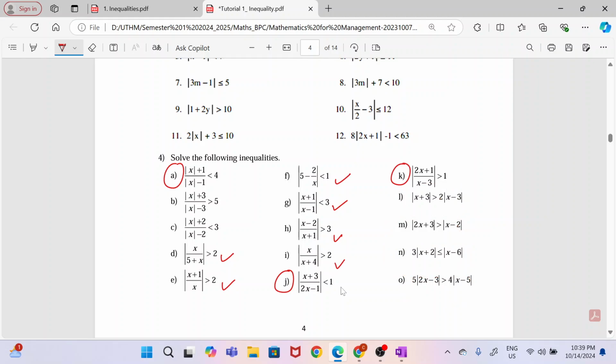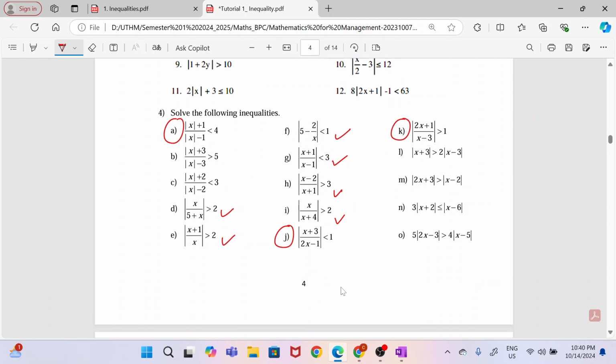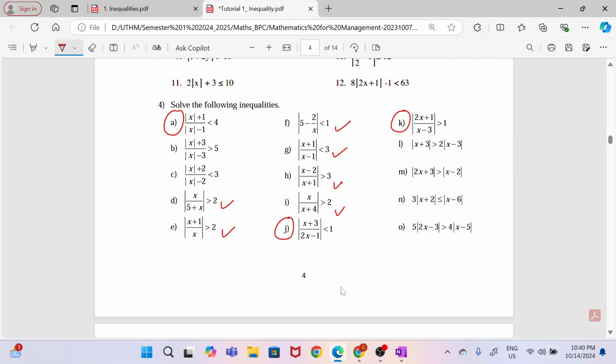Maybe this one we will cover in our tutorial. A little bit more we cover on Wednesday. I teach you how to do one question, then you can try to do all of it. Now maybe I teach you O here, so that you can do this one, and this one.